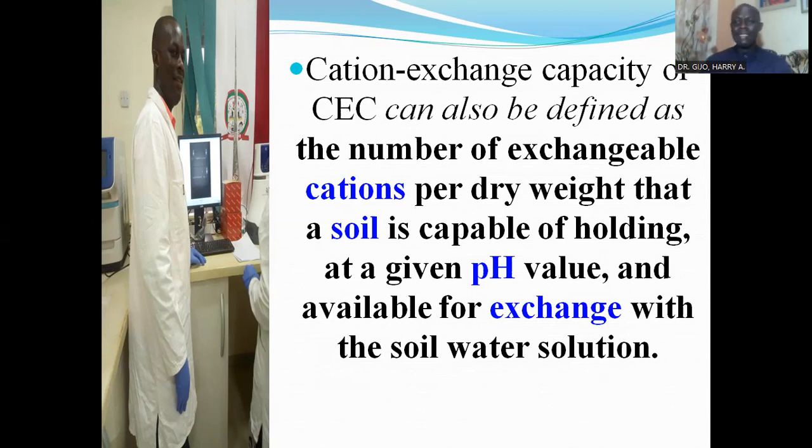So the ability of the soil to make exchangeable cations available at a given pH value is basically what cation exchange capacity is. It is the number of exchangeable cations per dry weight that a soil is capable of holding at a given pH value and available for exchange with a soil water solution.